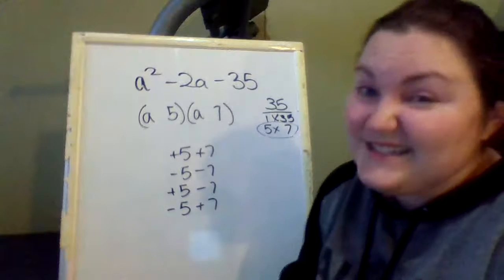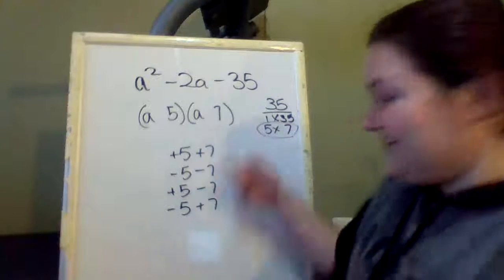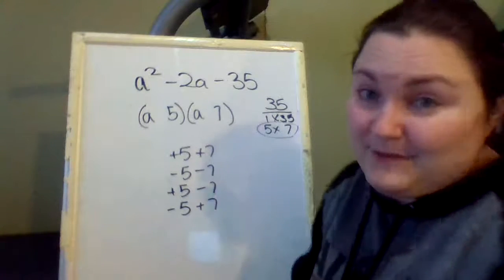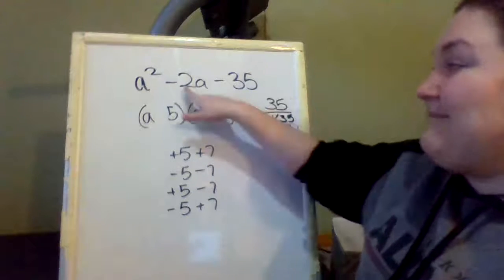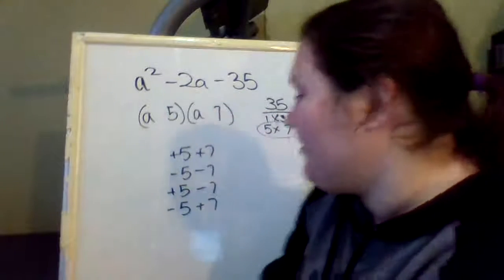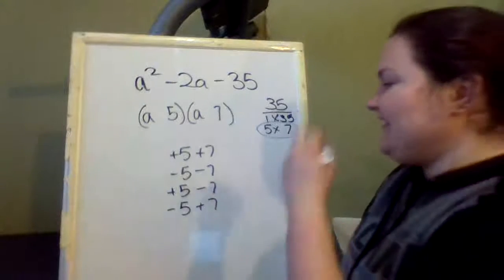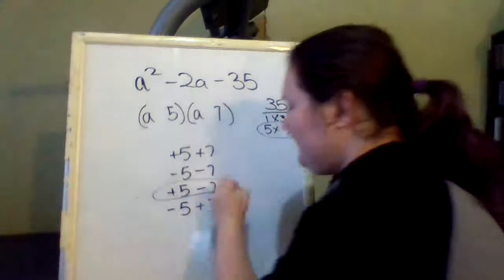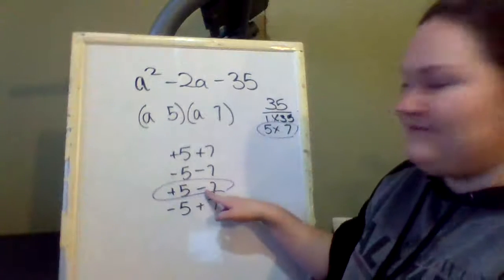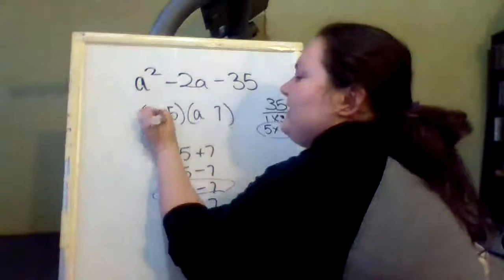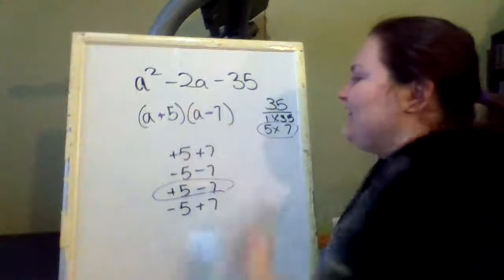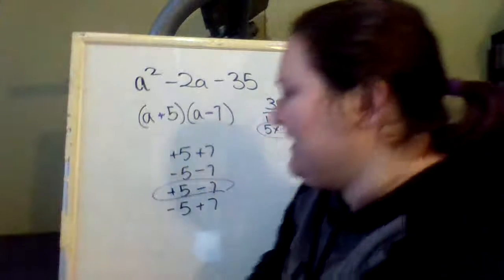So if you're just really stuck figuring out what signs are going to work, there's only 4 options. And if you need to, you can always write down all 4 to figure out which one is going to combine to give you the -2. Well, the only one that's going to work is this one here. A positive 5 minus 7 is going to give you that -2. So that tells me this should be a plus sign. This should be a minus sign.